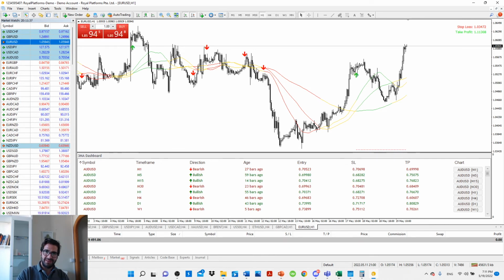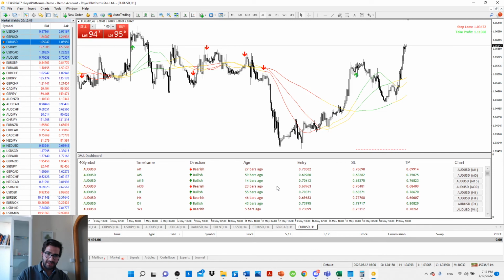So remember the trend Symphony, it gives you the trend direction, okay, which is here, and a signal whether to buy or sell. So the age here, it's how long this signal was sent. Here it will show you that it was sent 27 bars ago on the 1 minute time frame. Okay, also it gives you, let's say if you would like to trade based on these inputs, where to put your stop loss, entry and target profit.